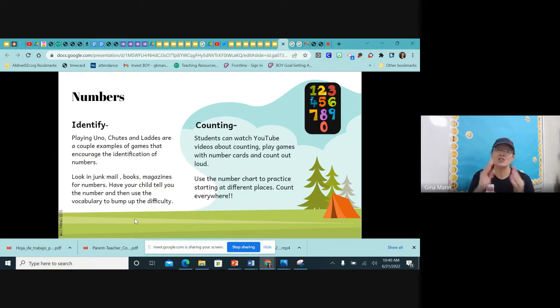Because identifying is just looking at a number. You're showing them a number and they have to know it within 3 seconds. It has to be fast. We want them to know it, just like letters, very quickly. Because then when they're doing other things with those numbers, they can do the next skill. So they have to have the numbers down quickly.